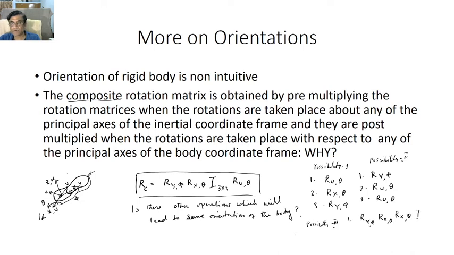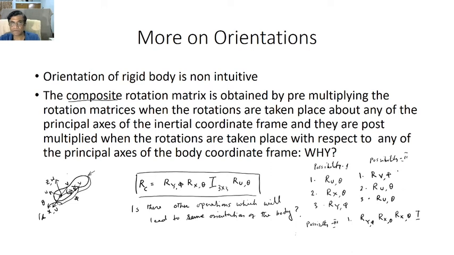See, all the rotations have been given with respect to the inertial coordinate frame. All the rotations are given with respect to the body coordinate frame in this order, and here there is a mixture, but they will result in the same composite rotation matrix. You can easily see, right? Am I clear?